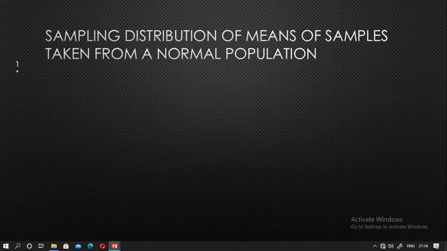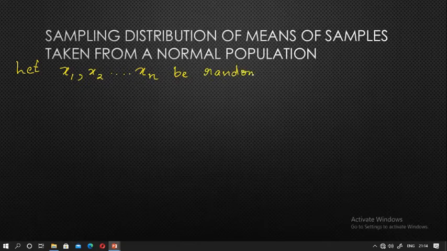Now let x1, x2, etc., up to xn be random samples taken from a normal population.